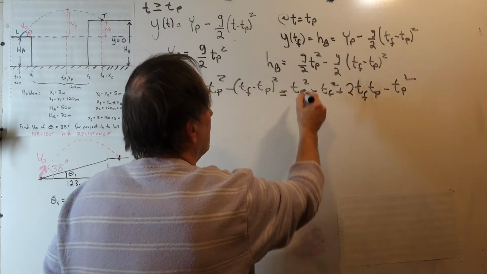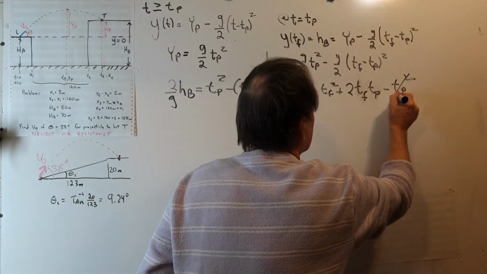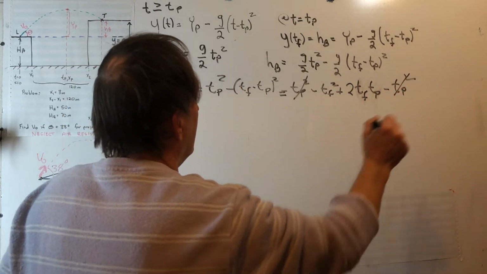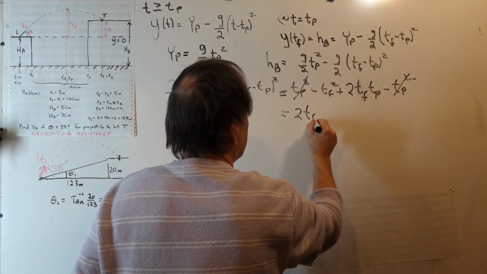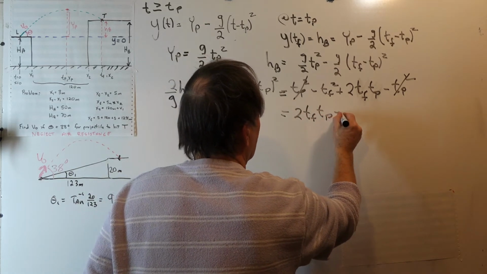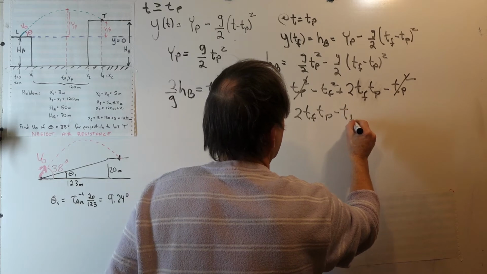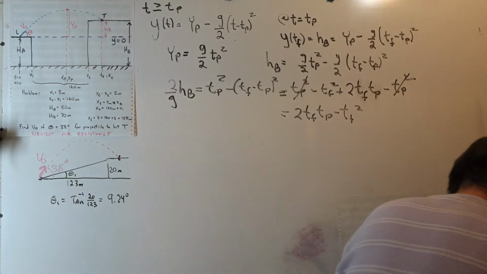Now notice our t peak squareds cancel, and we end up with twice t final t peak minus t final squared.